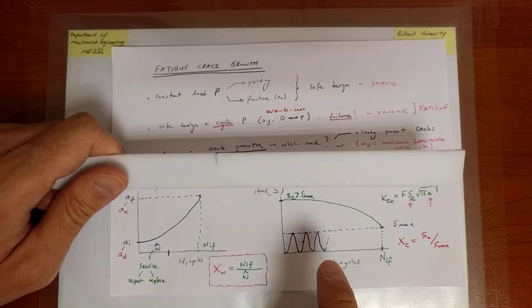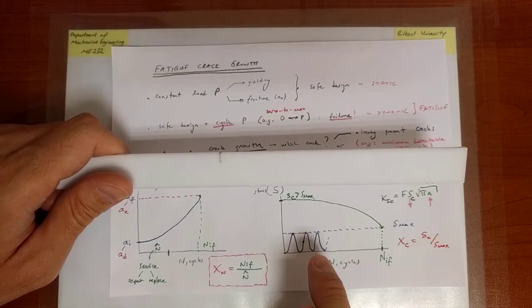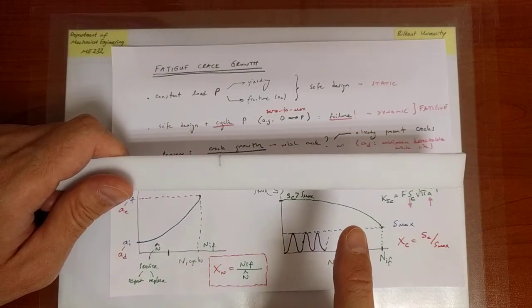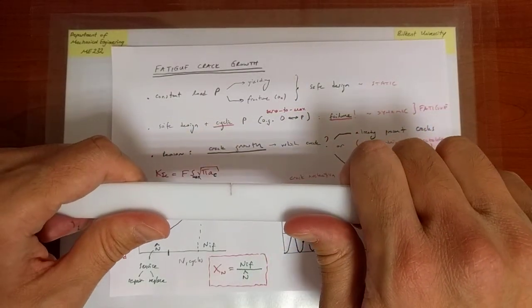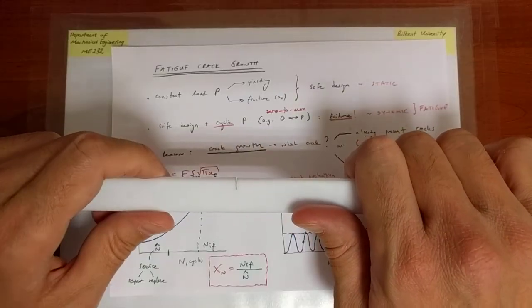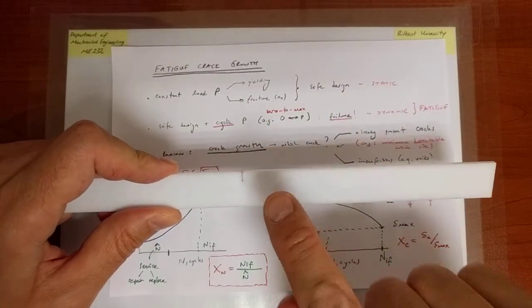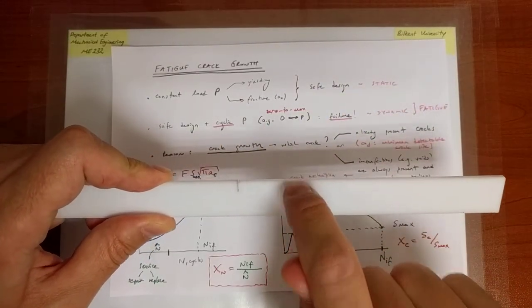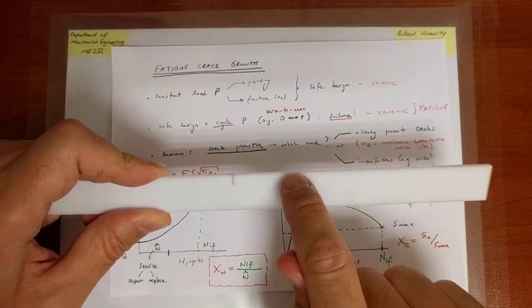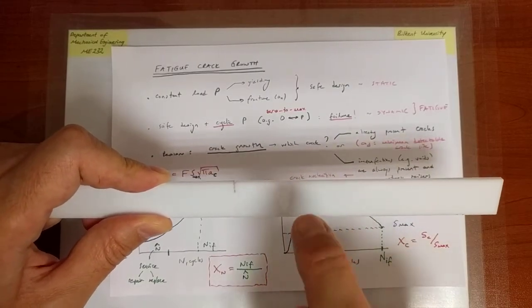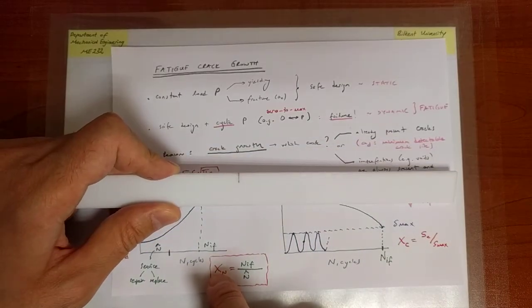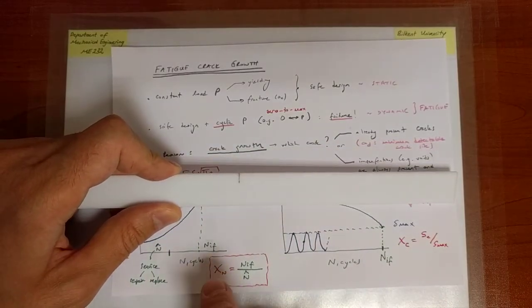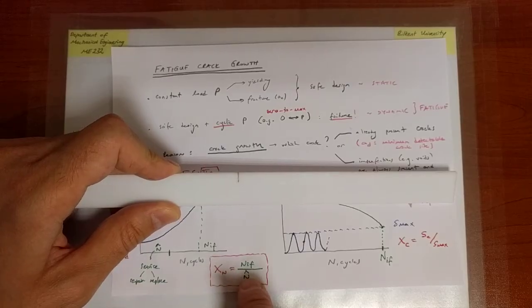And I ask myself the following question. I want to cycle this thing. I want to put it into a process, a design in which it will experience cyclic loading. And I want this structure to eventually be safe to within a safety factor of 5, 10, whatever. When should I do the service?